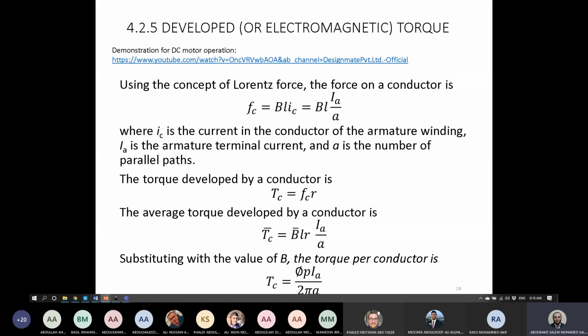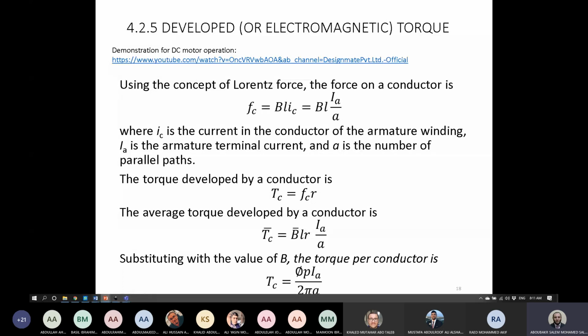If we have many conductors or coils connected together in parallel paths to make the overall armature winding, the conductor current, which is the same as the coil current, equals the total armature current over the number of parallel paths. So this now represents the force on one conductor.